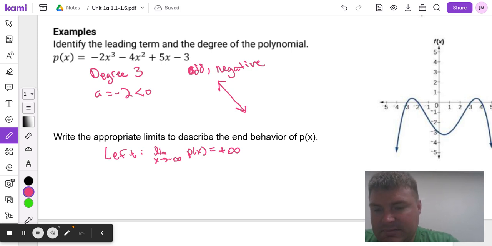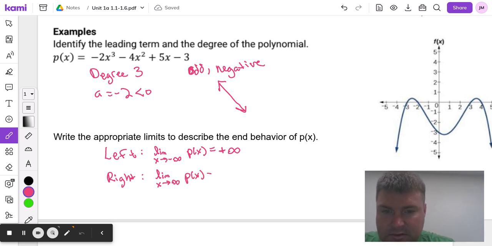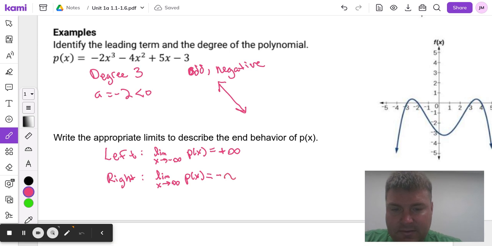My right end behavior is going to be negative, so it's going to be negative infinity. That's all it's asking for.